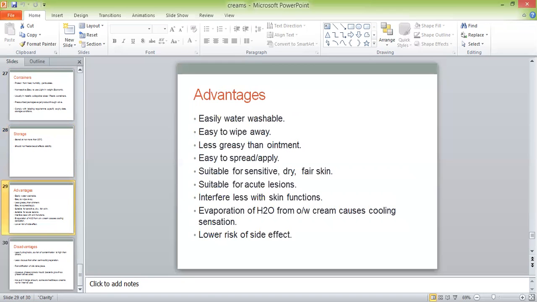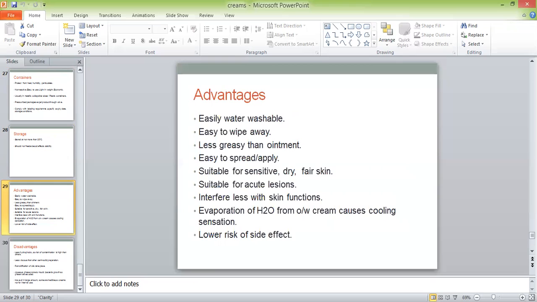Advantages of creams as a dosage form. There are certain advantages: creams are water washable, so the patient can easily wash them off with water. They are easy to wipe away with the help of tissue paper or a piece of cotton. They are less greasy as compared to ointments. Ointments are more greasy and will leave stains on clothes, dresses, or dressings. Creams are very easy to spread and apply on the skin.